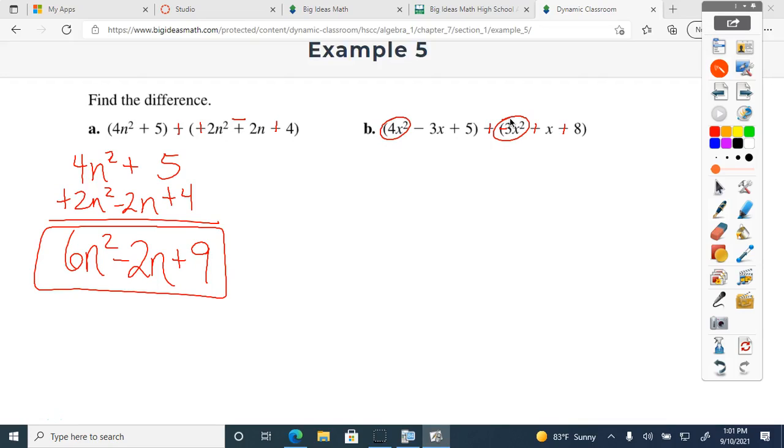How many x squareds are left? 1. X squared. All right. Negative 3x plus x. Negative 2x. 5 plus 8 is 13.